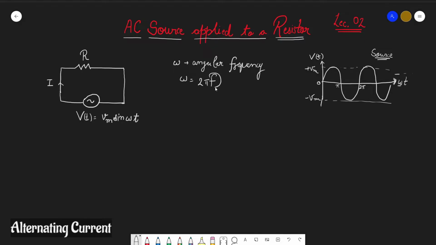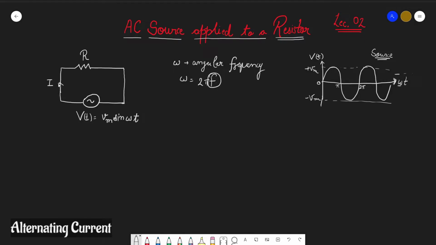This f is the frequency of the supply. Like in the previous lecture we discussed a 220 volt 50 hertz supply, that 50 hertz is the same f. So this is the angular frequency.